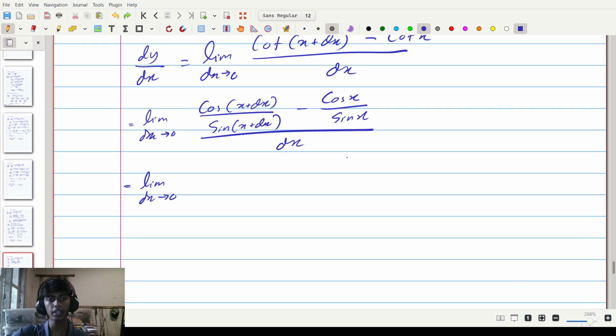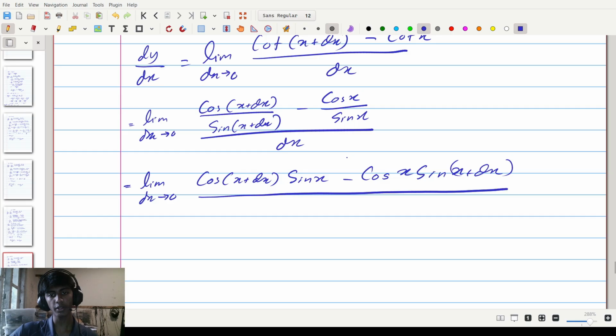Taking that up here, we need the cosine of x plus dx times the sine of x, minus the cosine of x times the sine of x plus dx, and all of that is divided by the common denominator, the sine of x times the sine of x plus dx. There's another dx here, which I'm going to take into this common denominator. So now we have this.